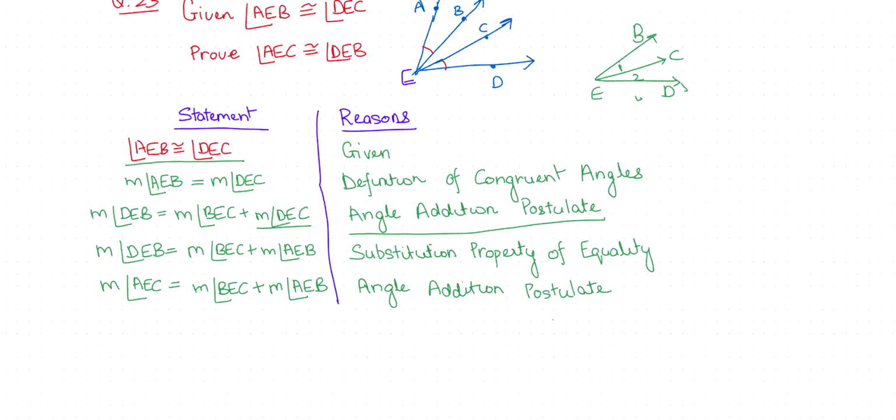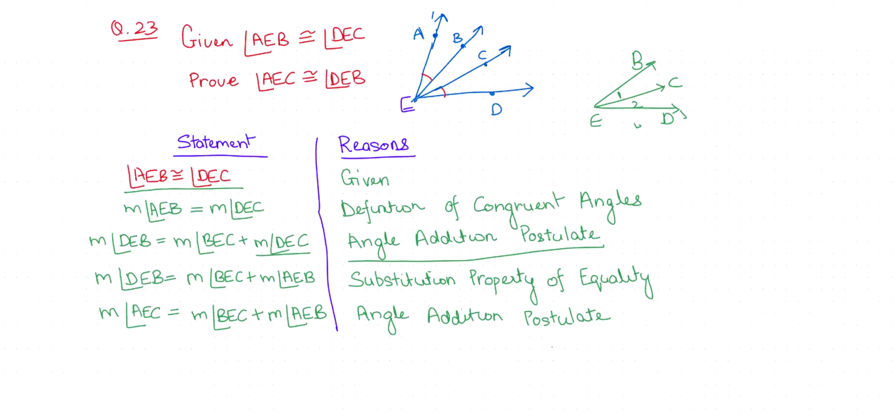Now, the same way we did for DEB, for AEC, using angle addition postulate, it can be written as sum of angle BEC plus AEB.